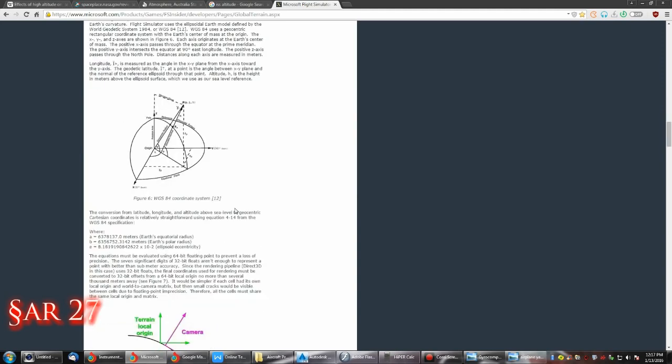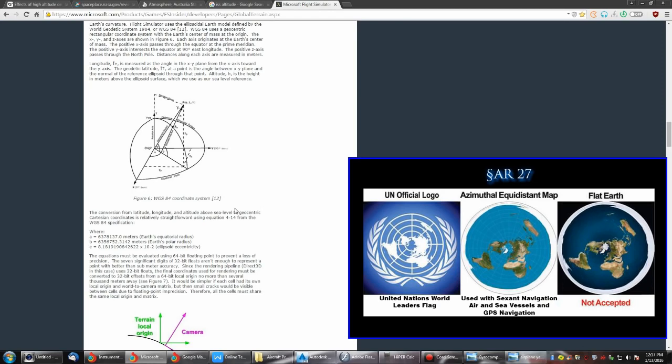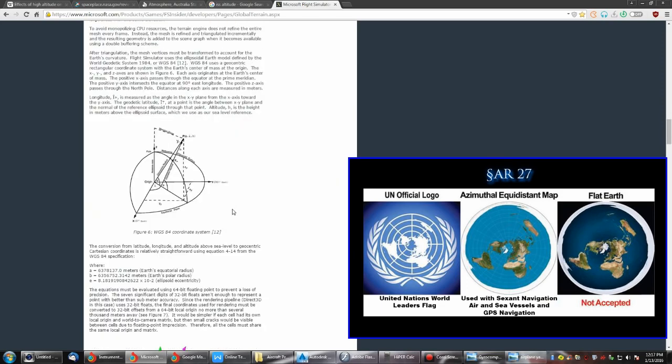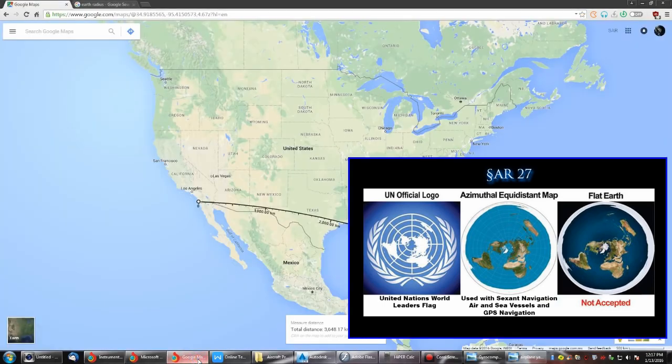If you've ever done a simulation, or if you've ever seen anything, even on a video game, they don't compensate for the curve, even for training for the airplane flights. Now, I'm laughing because this is right here in your face. It's insane.